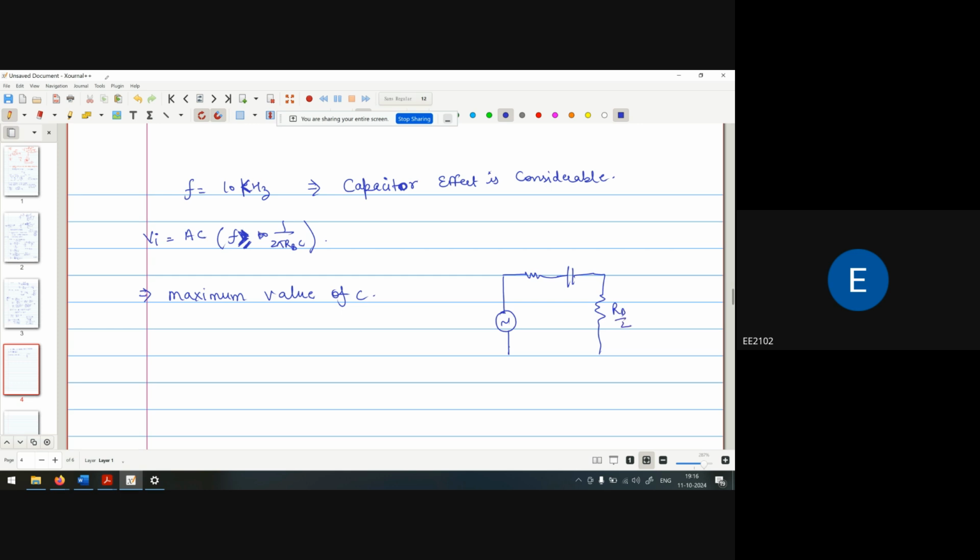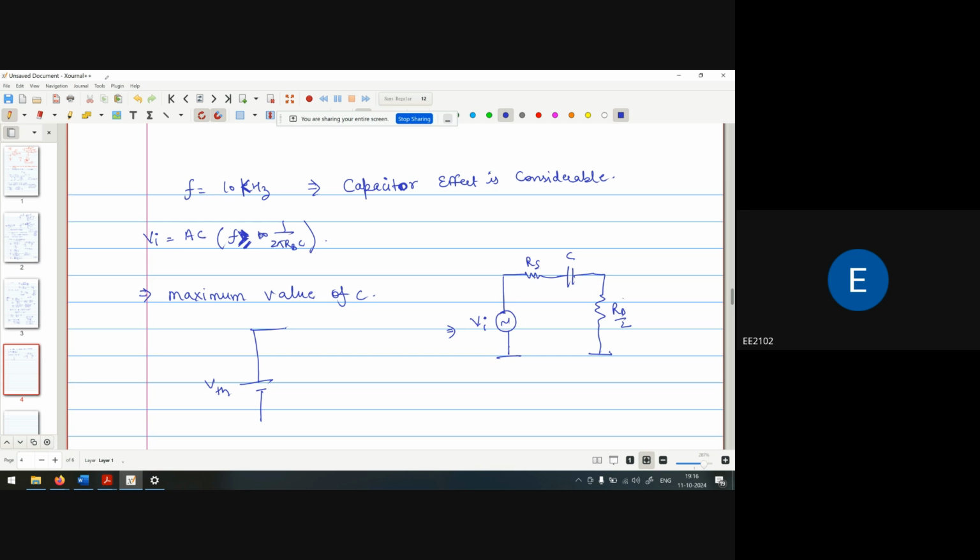This is RP by 2 RS C and V. So for this I have to apply Thevenin's theorem. According to Thevenin's theorem, I have to take this VI voltage as VTH.